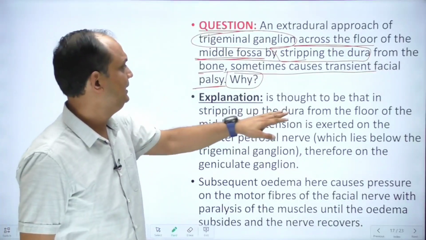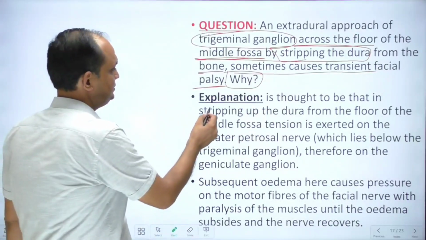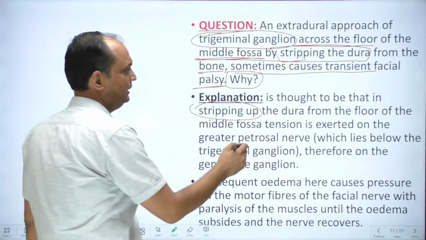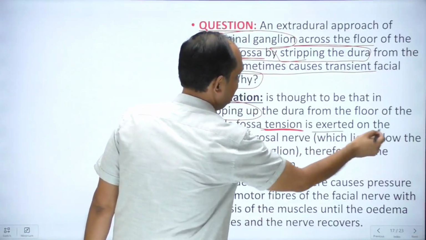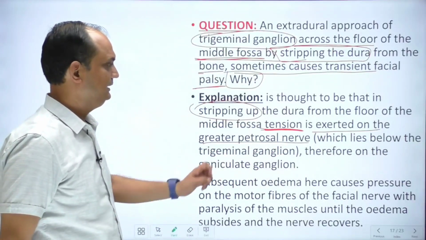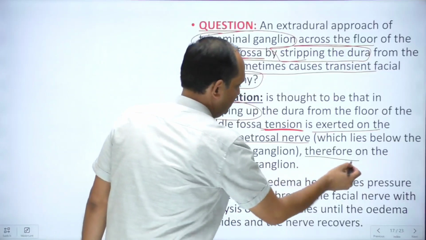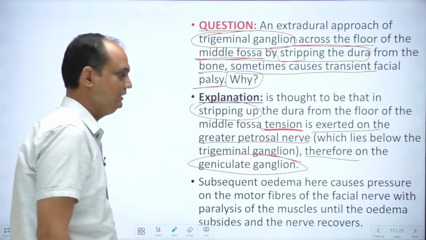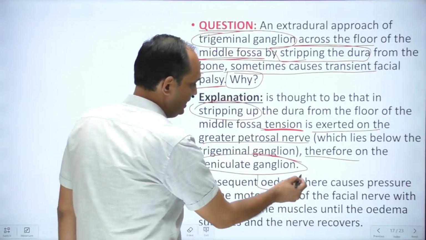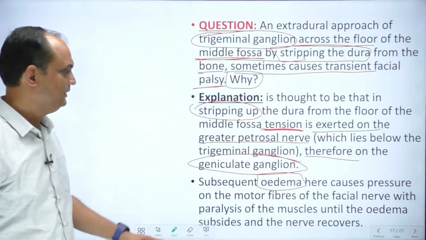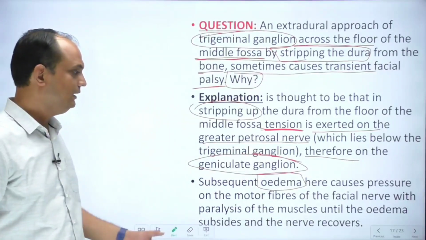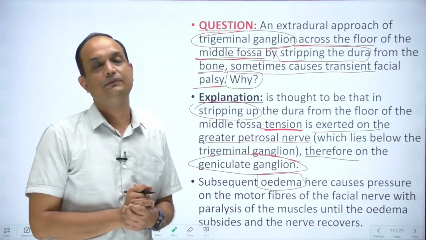So it is thought that in stripping of the dura mater from the floor of the middle cranial fossa, tension is exerted on the greater petrosal nerve which lies below the trigeminal ganglia. From greater petrosal nerve it will pass to the geniculate ganglia, and because of this there is a subsequent edema, and this edema causes pressure on the motor fibers, and that will lead to your transient facial nerve palsy.